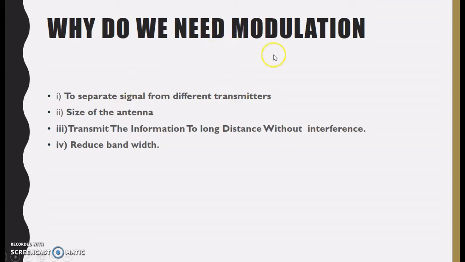Now, the second reason why we modulate the signal is to reduce the size of the antenna. For efficient transmission, the transmitting antenna should have a length at least equal to a quarter of the wavelength of the signal to be transmitted.